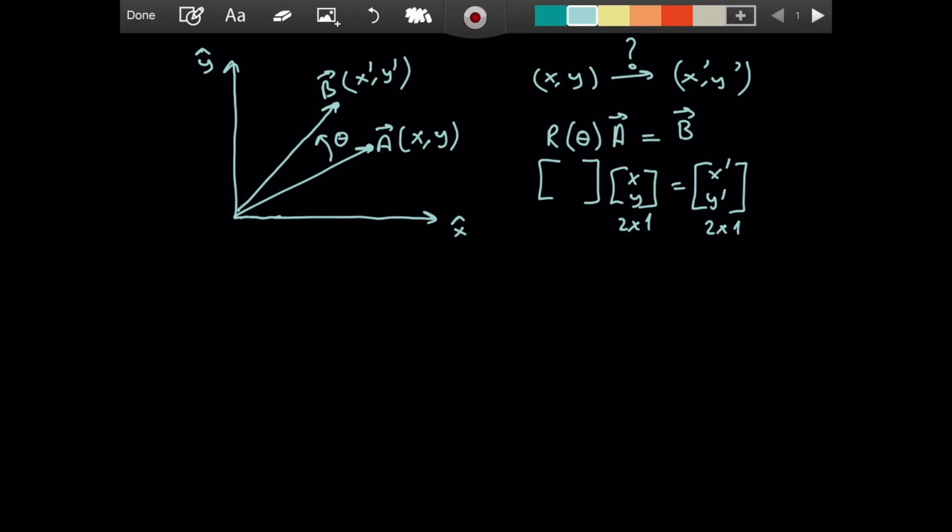So maybe the first matrix, which is the rotation matrix, has n rows. It can be anything, we don't know. But we know that the number of columns should be 2, so that it matches up with the number of rows of the second matrix, which is vector A. And the vector is just a matrix with only one column, okay? You could also have a 3 by 1 matrix, which is going to be 3 coordinates, which is more realistic in our life. We see everything 3D, but we're just interested in the 2D case for this video.